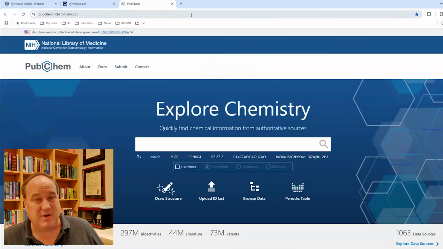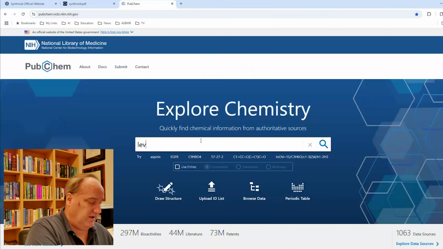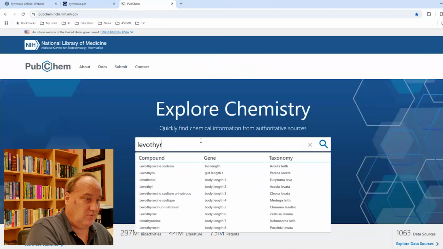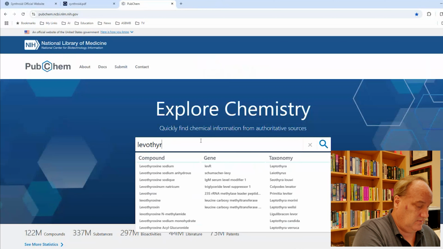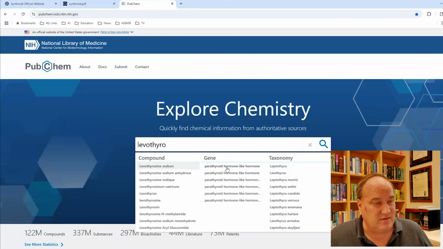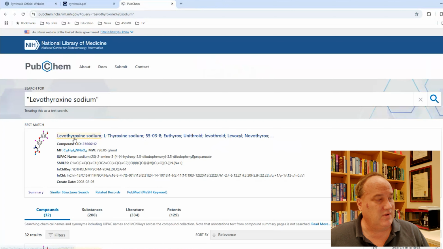Just do a search for PubChem, and then you can do a search for any chemical compound. Levothyroxine sodium. Here it is right here, right? So there's your levothyroxine sodium.